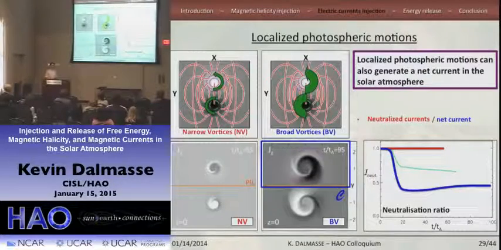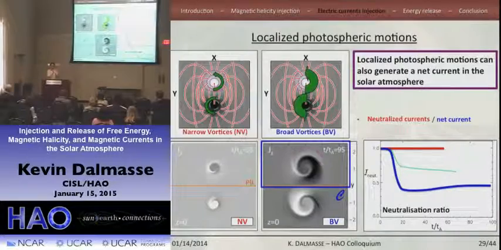But you could have a sheared polarity inversion line with a neutralized electric current if, for instance, you have a magnetic field with opposite helicities. Imagine that you have two structures of opposite helicities, each with a net electric current, but with opposite electric currents.